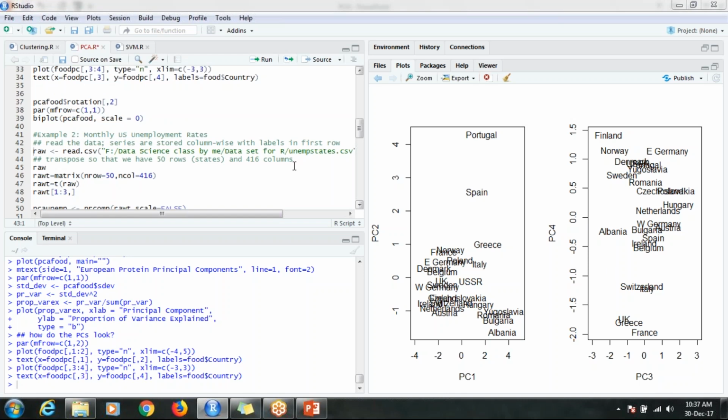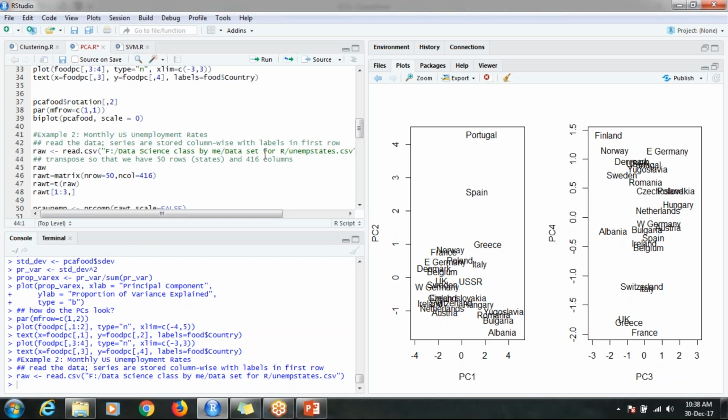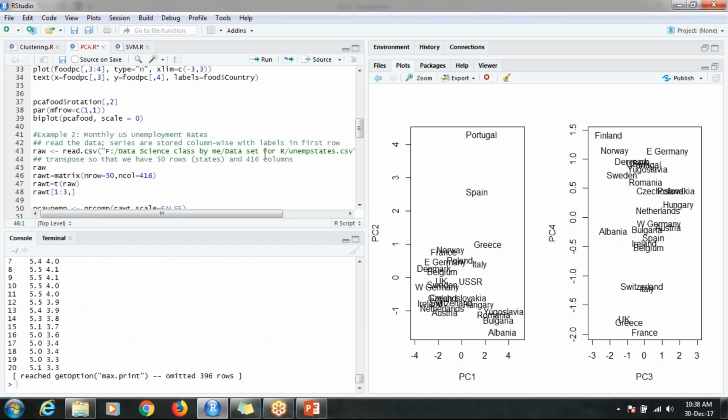If you remember this example, we did it in our previous class as well. This was on unemployment of different states of the USA. So we will load this again and I'll try to explore that. Here I have the raw data set.